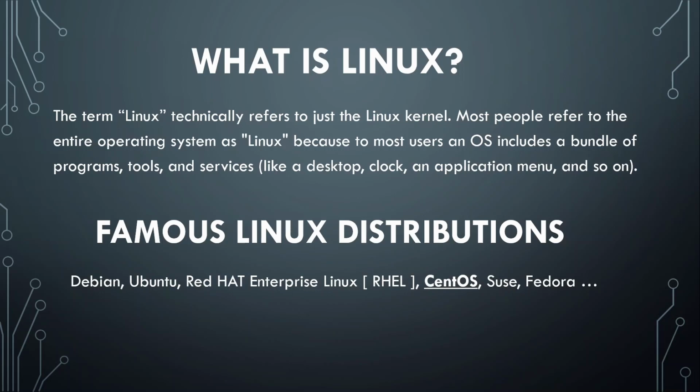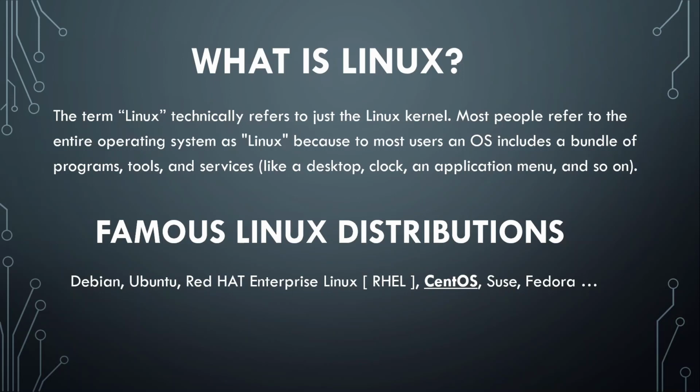So now let me tell you some of the famous distributions of Linux. So we have Debian, Ubuntu, Red Hat Enterprise Linux. By the way, Red Hat Enterprise Linux charges you a subscription amount, and there is another trial version. And if you want to get the full experience of Red Hat Enterprise Linux, I would recommend please go to CentOS, which we will be using in this video series.